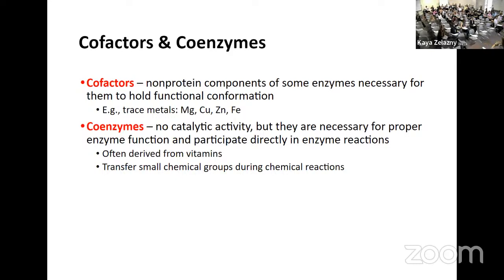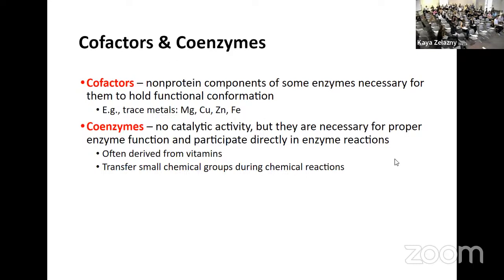Basically, the enzyme has a certain shape, but without this cofactor, the shape isn't quite right to have the normal enzymatic function that this enzyme performs in the body. So we need to eat different dietary minerals to make sure that those enzymes keep working.